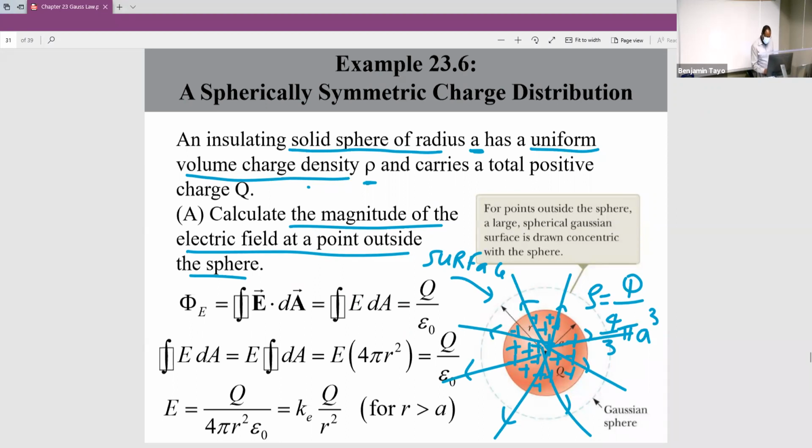So you can see that within this surface here, I have all the charge Q. So it means that when I calculate the electric field, it's just going to be equal to this quantity here.